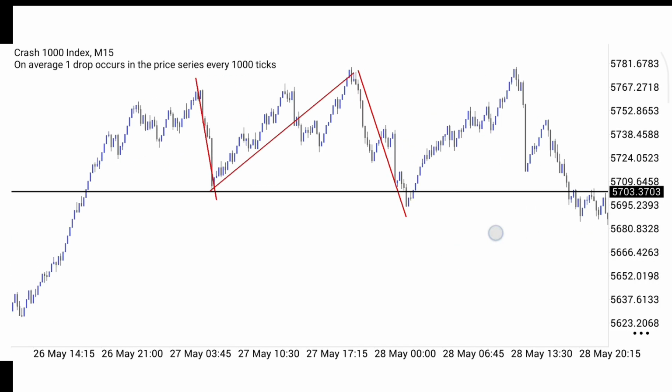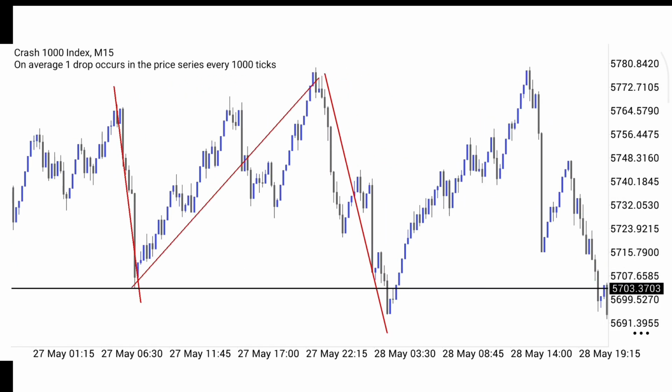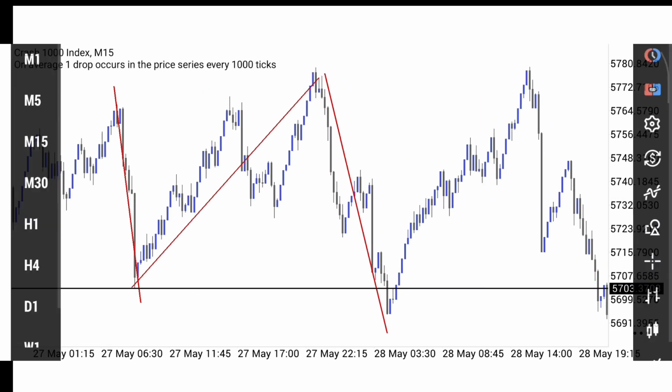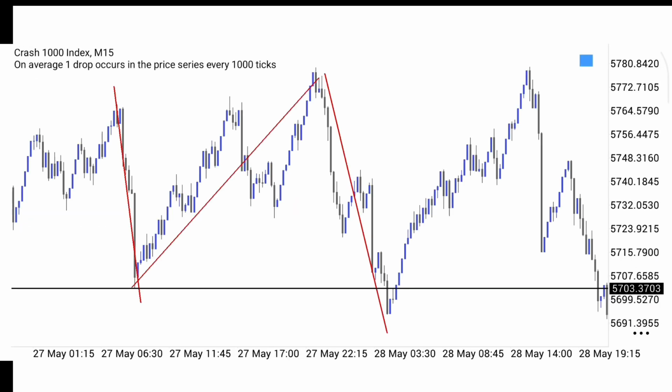So right here, the market came down and you can see that it broke this structure here. For breaking that structure, it has already automatically changed the trend. And because it has changed the trend, we are now looking out for our liquidity zone.